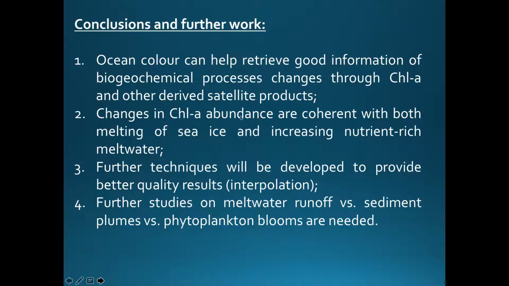Changes in chlorophyll abundance are coherent with both melting of sea ice and increasing nutrient-rich meltwater from the glaciers, and further techniques will be developed in order to maybe publish this paper and provide better quality results.